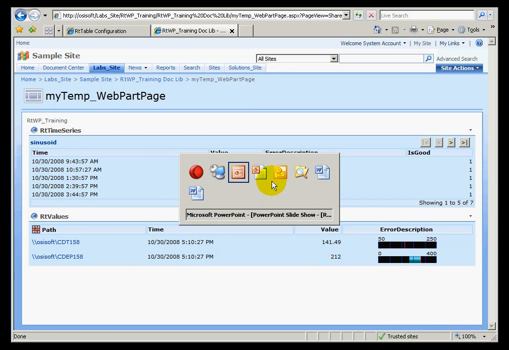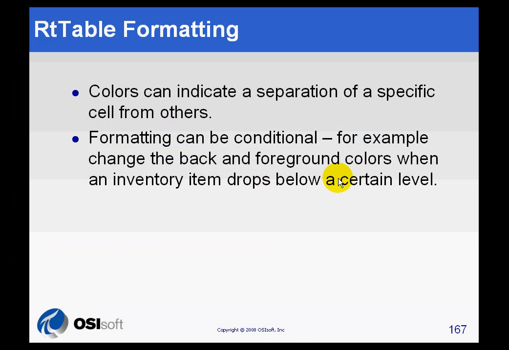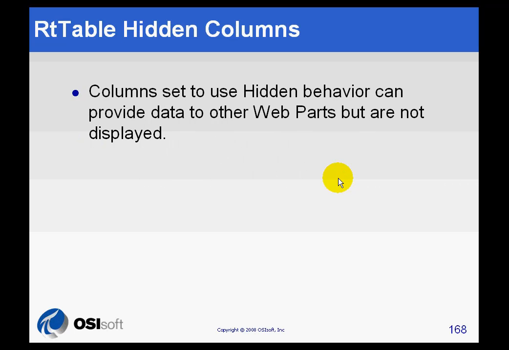Now, one more point that I'd like to make is that you can have a behavior that's labeled as hidden. So in other words, you can hide columns in a table. In fact, it's very common. If you noticed a lot of the columns for the snapshot values, we could show them, but we don't for the most part.